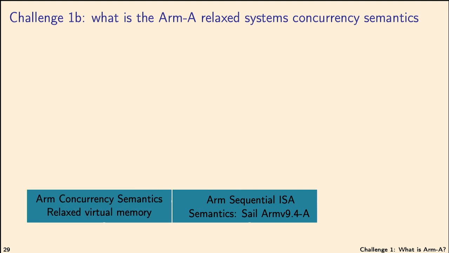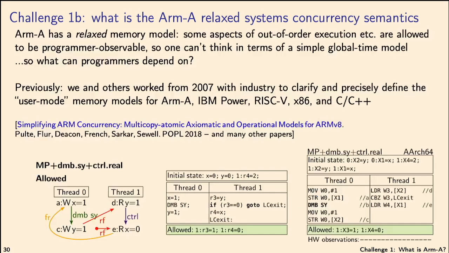Some of that, we and other people have figured out over the years, and there are these relaxed memory models in different forms, with a lot of different litmus tests illustrating particular relaxed behavior for user mode concurrency.